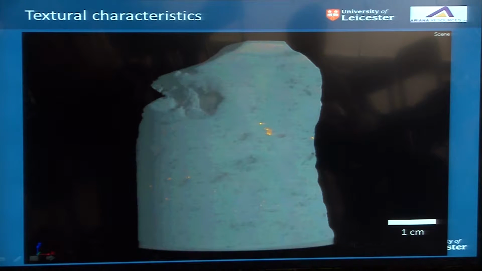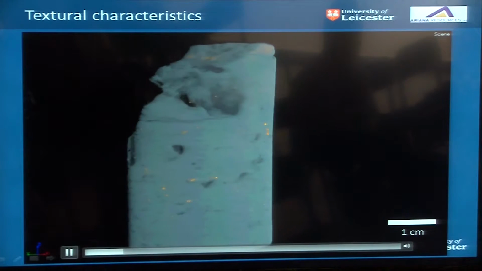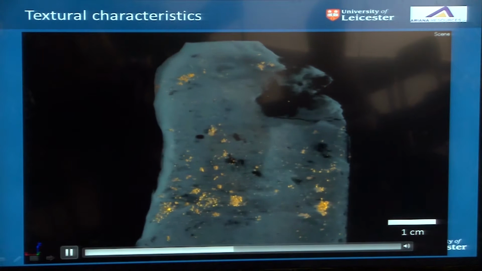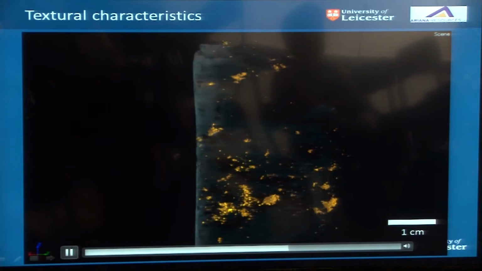This is a picture of half core, so there's a few centimeters across there. I've colored the gold or the gold-silver minerals here in yellow. And as we play this movie, we'll strip away the quartz to reveal the distribution of where those gold and silver minerals are within that rock.